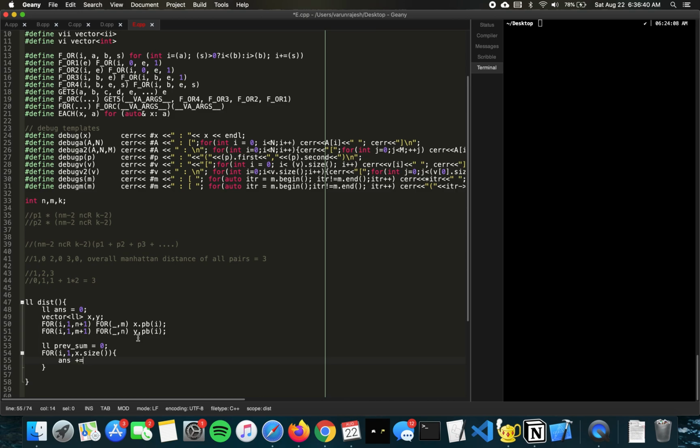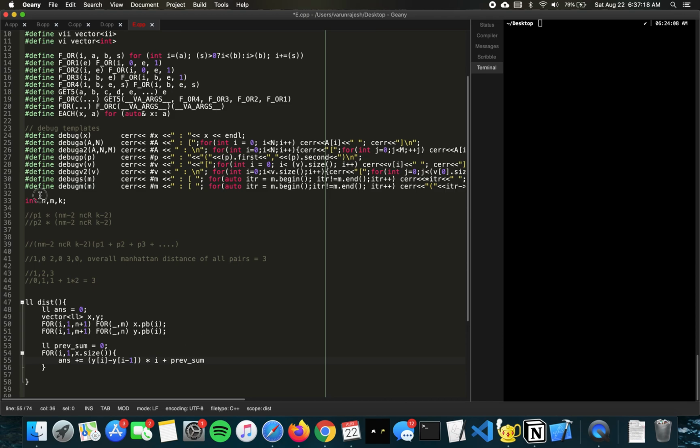Our answer would be equal to the current yi minus the previous yi multiplied by the number of elements that came before our current, and since we are 0 indexed, there'd be i elements before our current yi, and then we would increase this by the previous sum that we got.